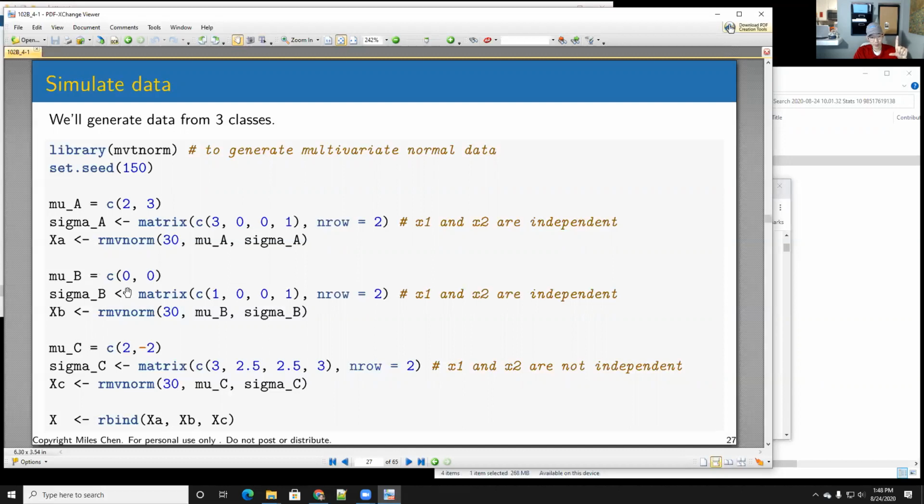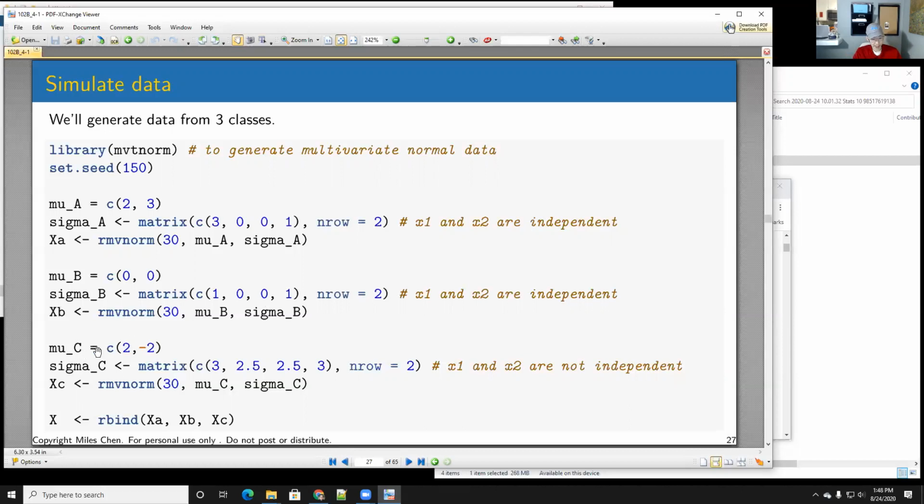The second class has a mean of 0, 0, and the sigma matrix is the identity matrix, so it's 1, 0, 0, 1. So x1 has a variance of 1, x2 has a variance of 1, and there's no covariance between them.